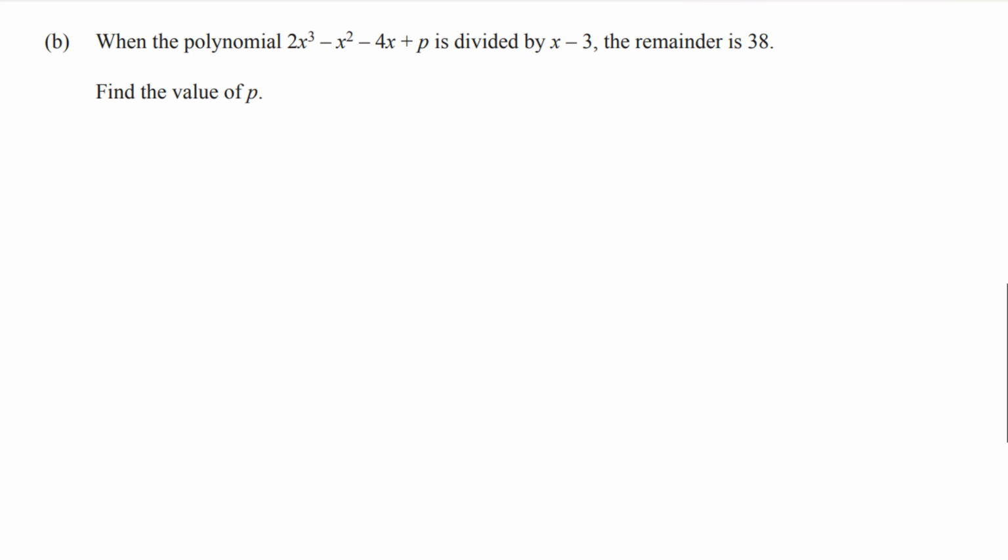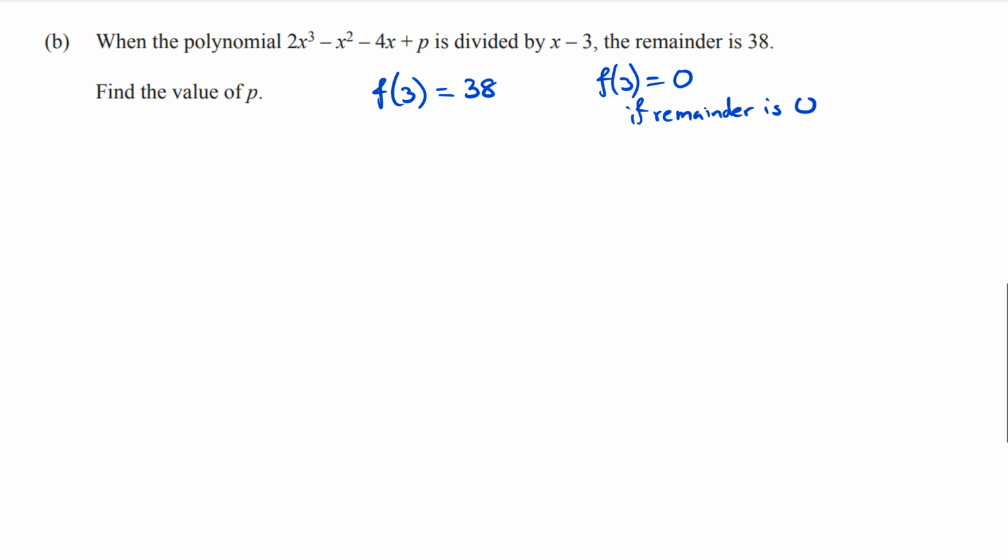All right, so with question 1b, we've got a polynomial that's divided by x minus 3. The remainder is 38. So all that means is we could say that f of 3 equals 38. Because if the remainder is 0, then f of 3 would equal 0.